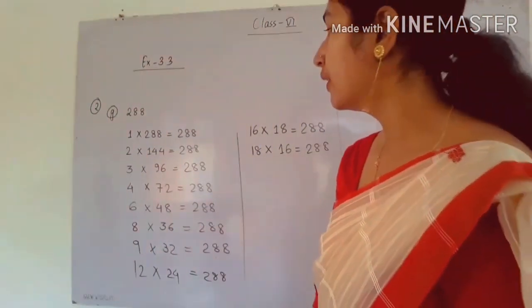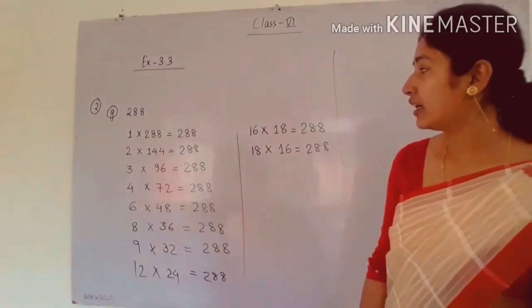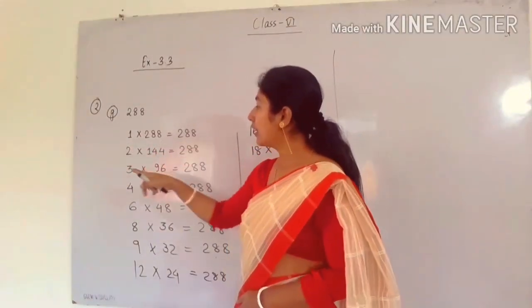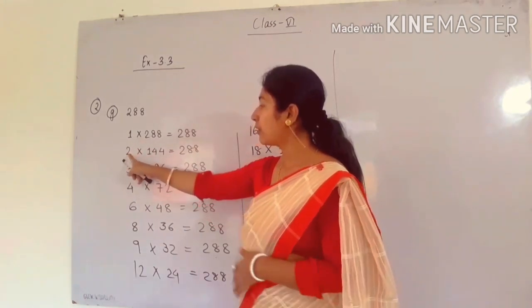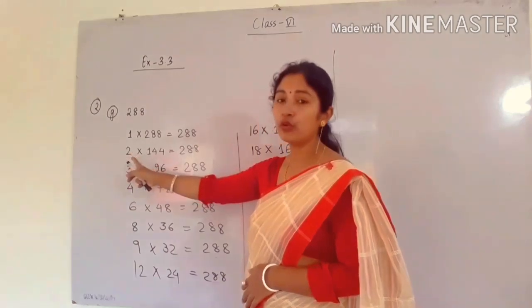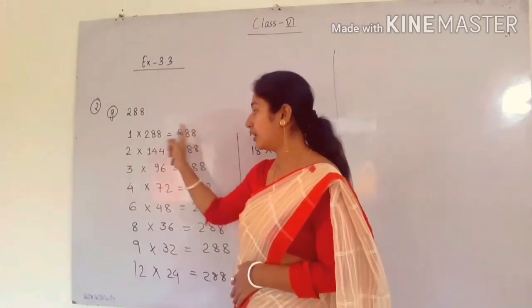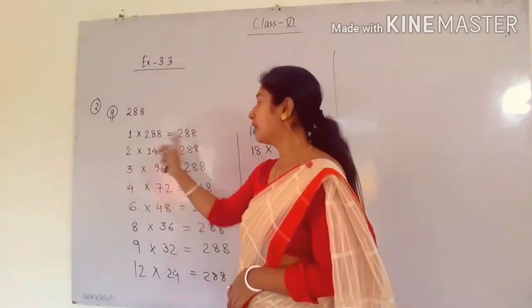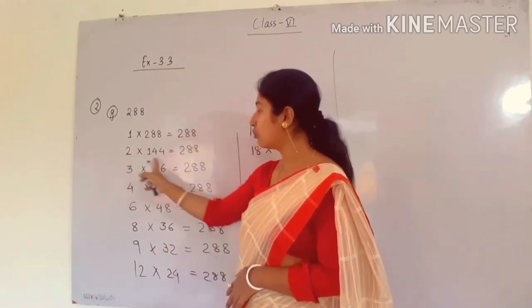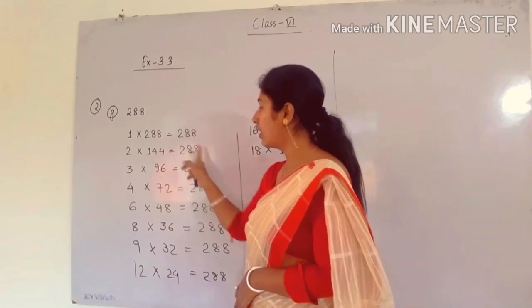When we multiply 288 with 1, we get 288. Again, in the table of 2, this number is also divisible by 2. So you have to divide 288 by 2 in a rough copy and write the quotient. The quotient is 144. That means 2 into 144 is equal to 288.